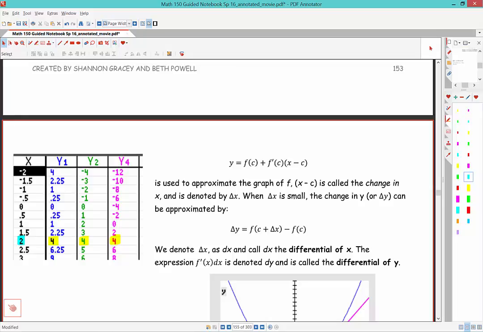All right, so here we go. Let's think about this and draw on our picture what we have going on.